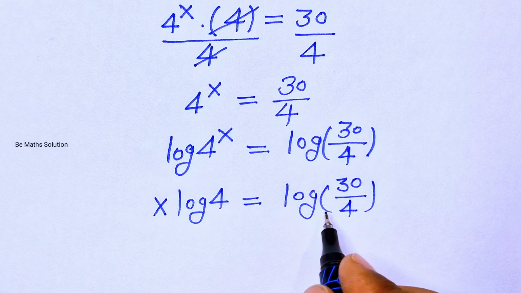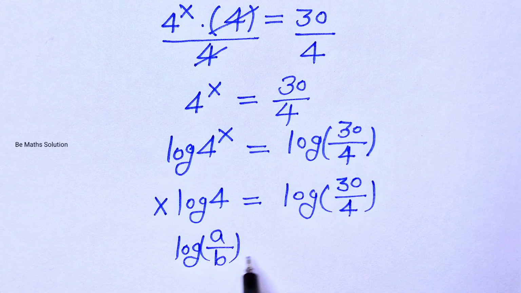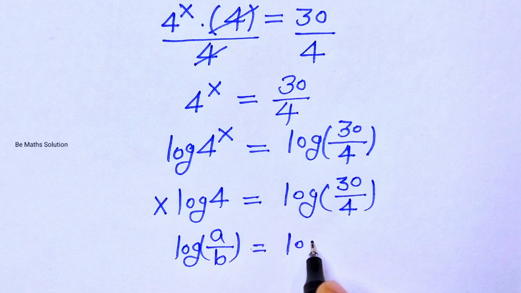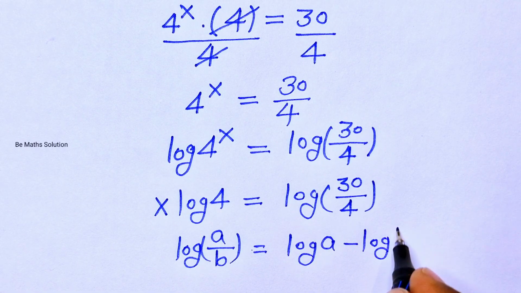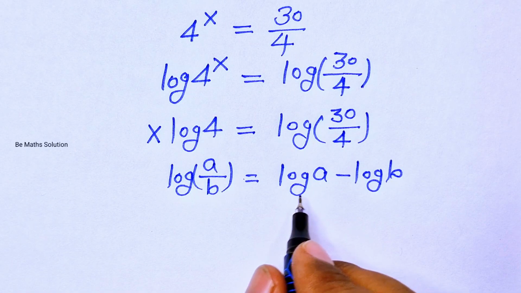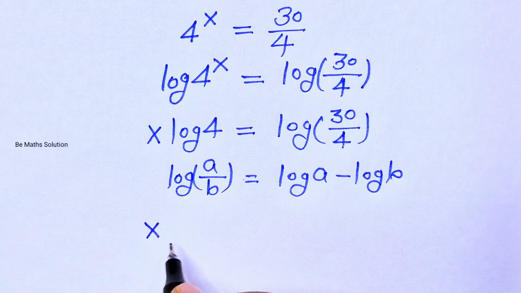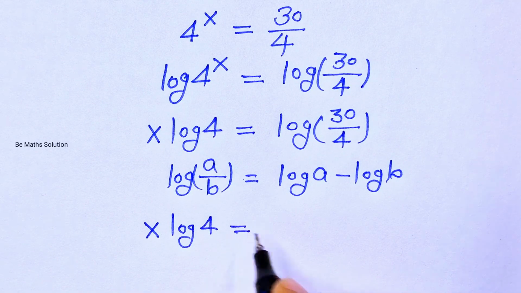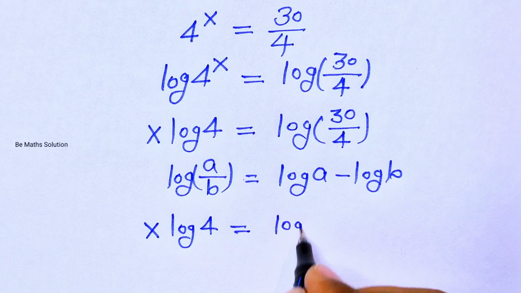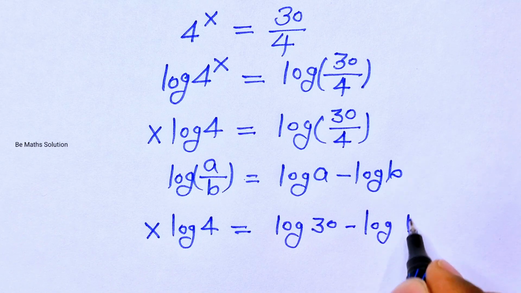Now this part we know that log of a over b, in brackets, is equal to log a minus log b. If I apply this math formula here, it will be x log 4 is equal to log of 30 minus log 4.